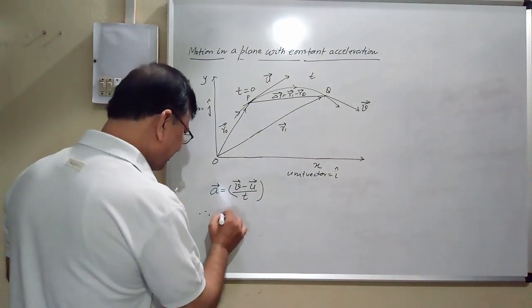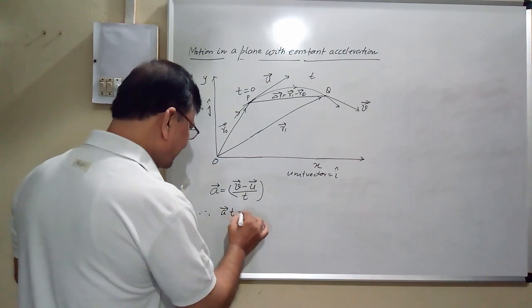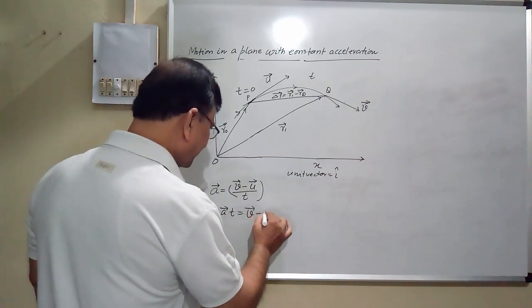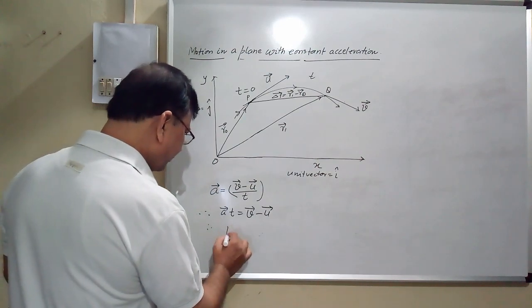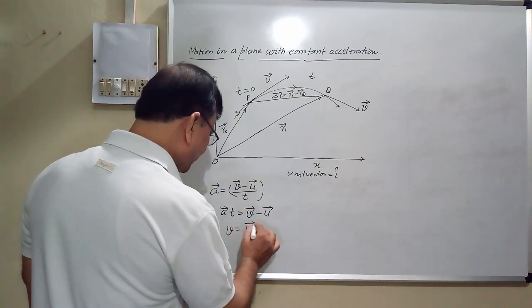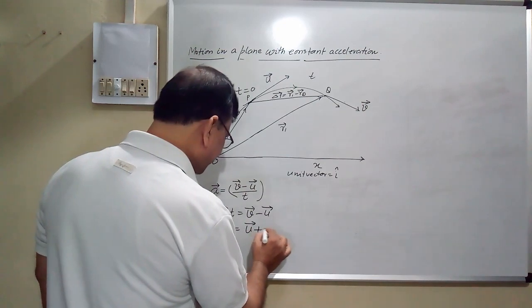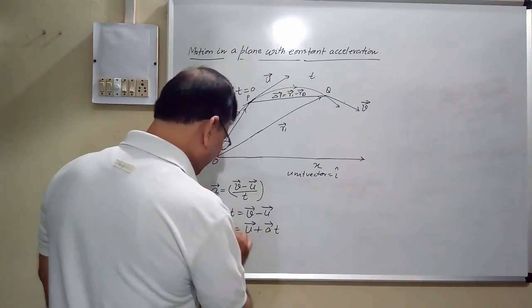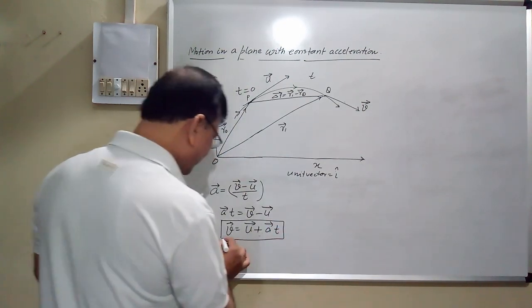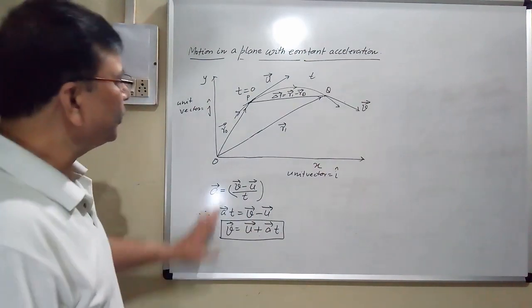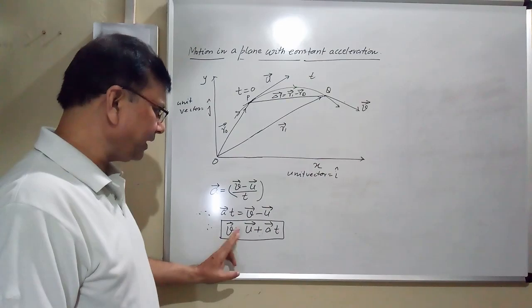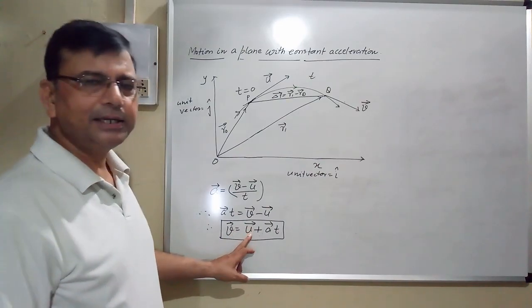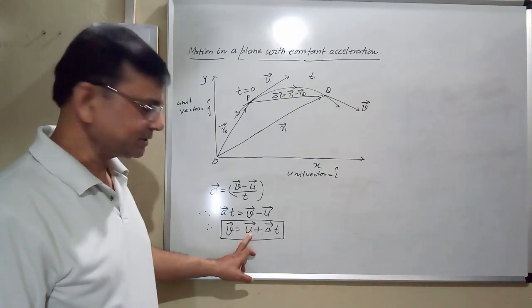Therefore, it can further be written as at is equal to v minus u, or v is equal to u plus at. So this relation we got for any object moving in a plane where after time t velocity is v, and initially when t is 0 its velocity is u.